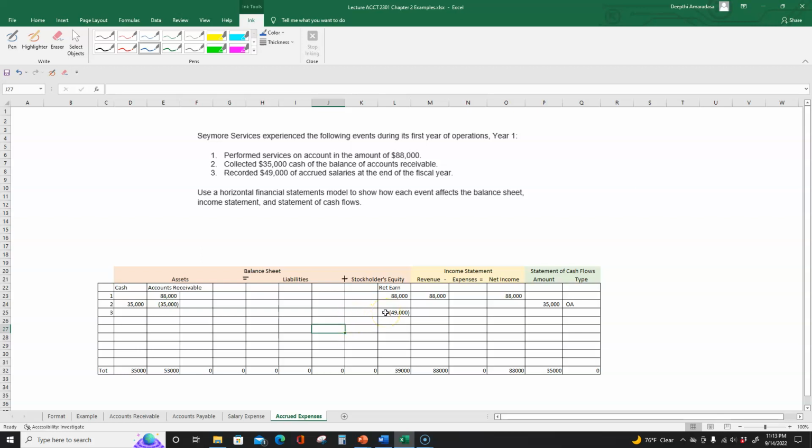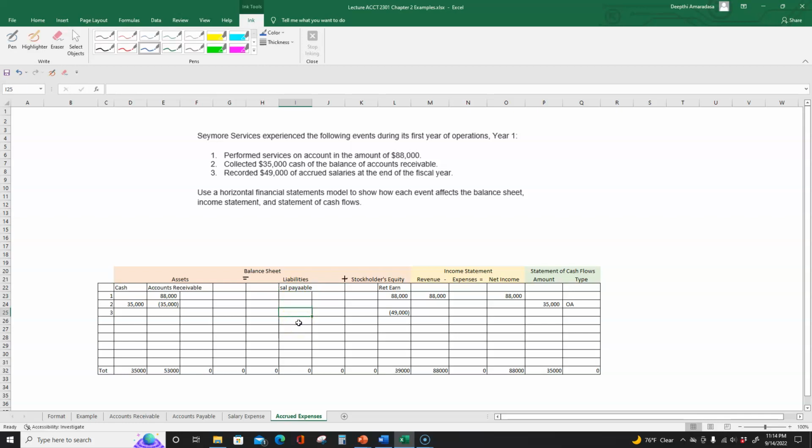Now, if we paid them, we would have decreased cash, but we haven't paid them yet. We owe those salaries. Therefore, we're going to show a liability called salaries payable. I'm going to abbreviate it. Salaries payable increased as a result of this transaction.